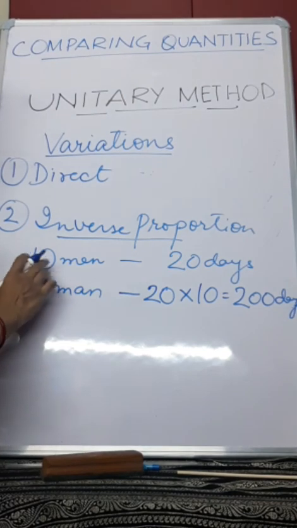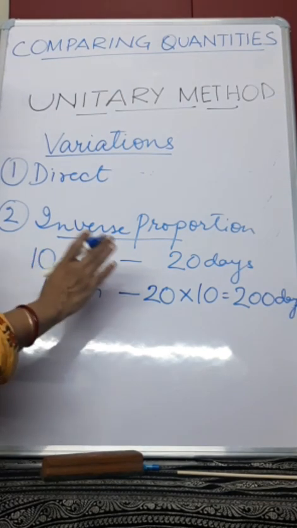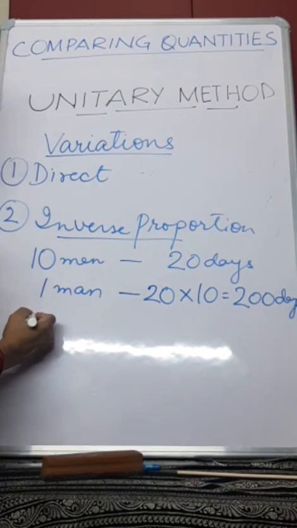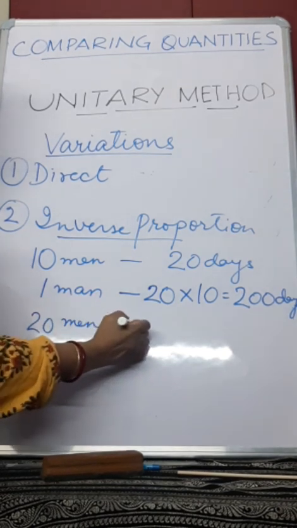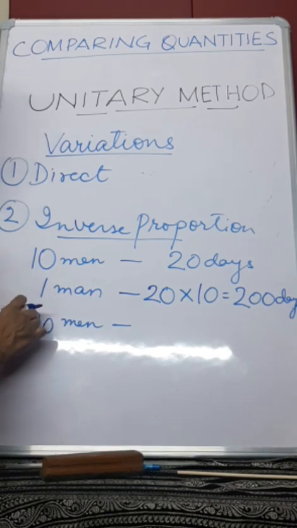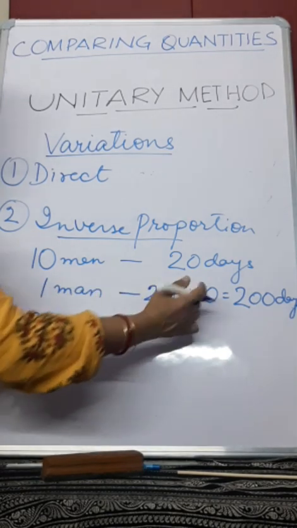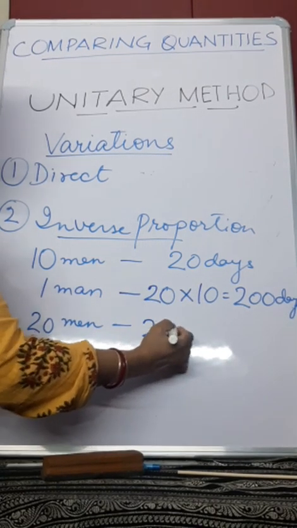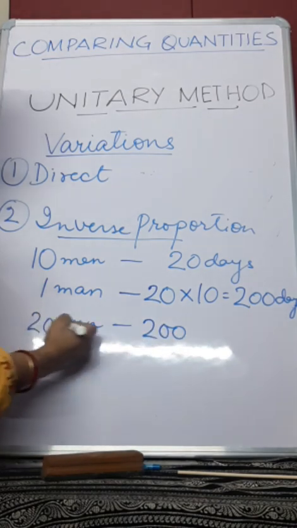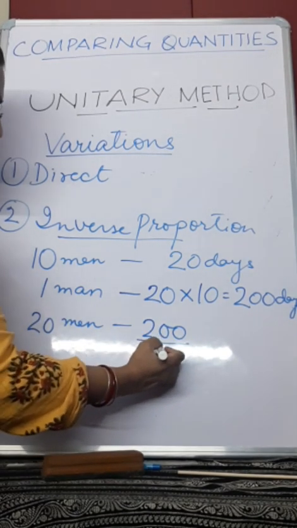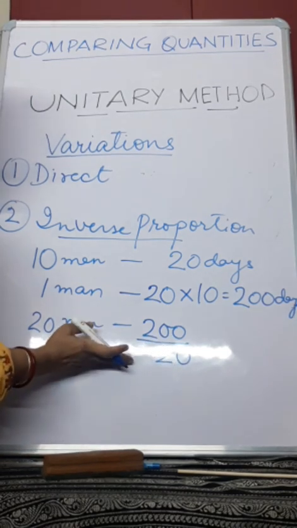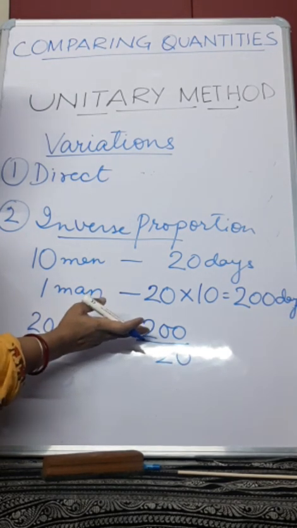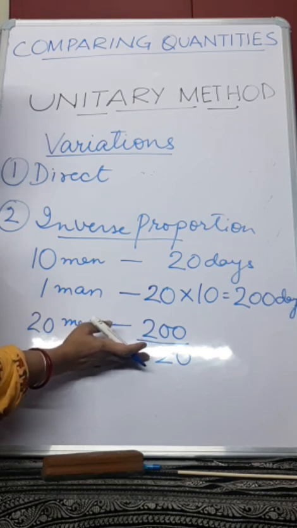Now, if the same work is done by 20 men, how many days will they take to complete? See, one man can complete in 200 days. 20 men will complete it in less days, that is divided by 20. Here we need the knowledge of fraction and cancellation.